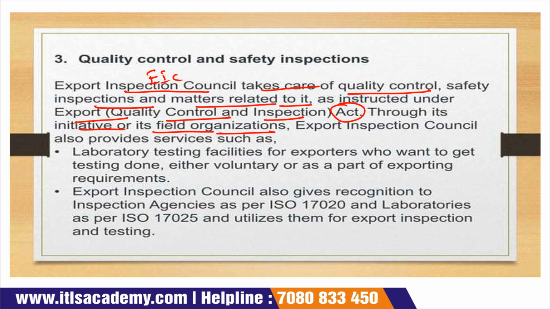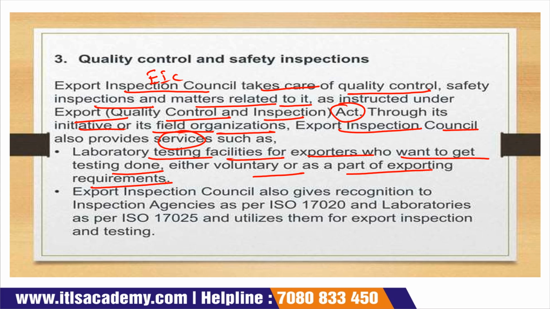The Export Inspection Council also provides several services, such as laboratory testing facilities for exporters who want to get testing done, either voluntarily or as part of an exporting requirement. Okay, so there are laboratory facilities also, and these laboratory facilities are there for export food products.